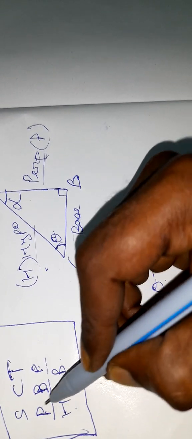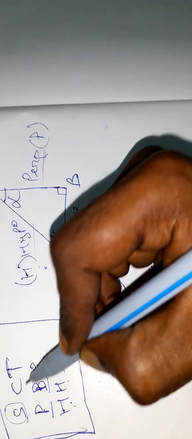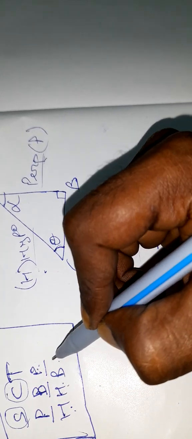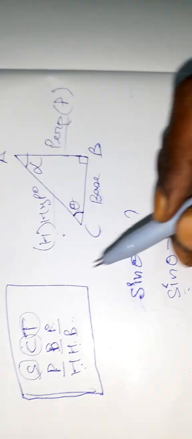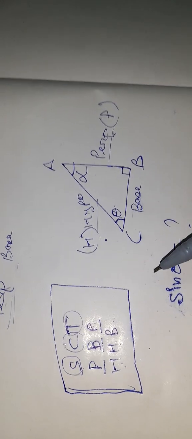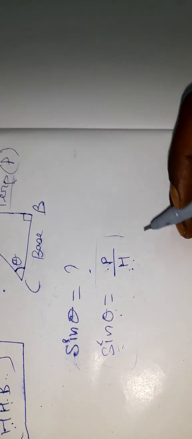That means perpendicular upon hypotenuse is sin theta, base upon hypotenuse is cos theta, perpendicular upon base is tan theta. Can you see? We will be using this. Remember this, memorize it, learn it.